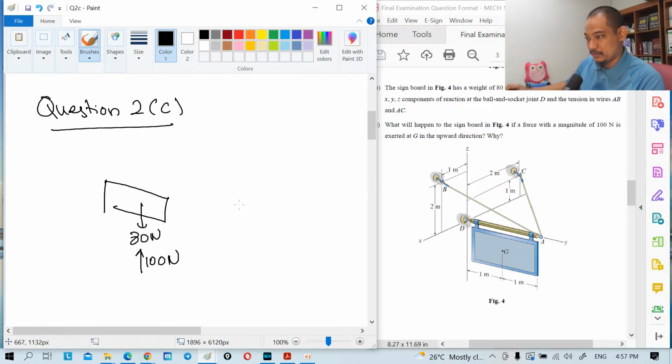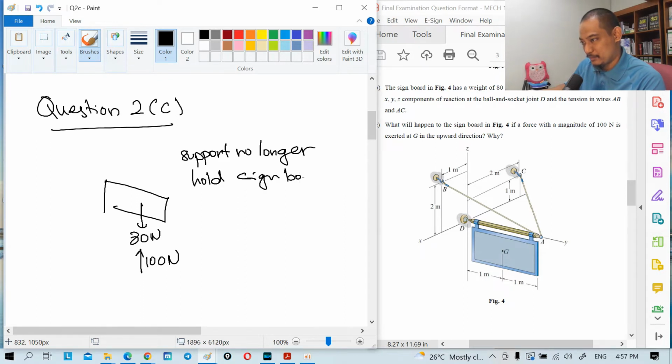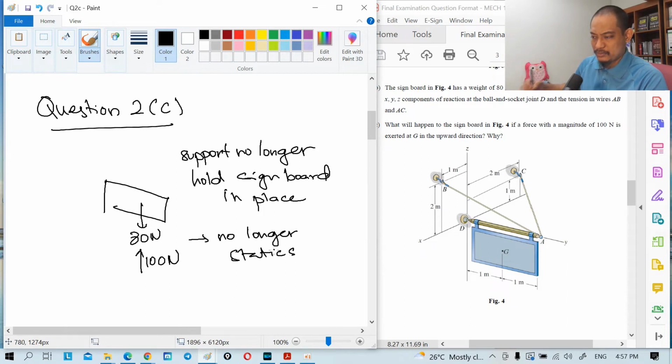So basically, we can indicate that the support no longer holds the signboard in place, or it is no longer static. Why?